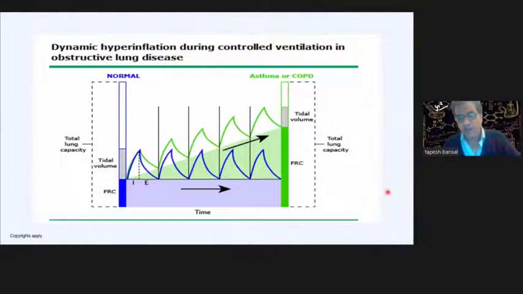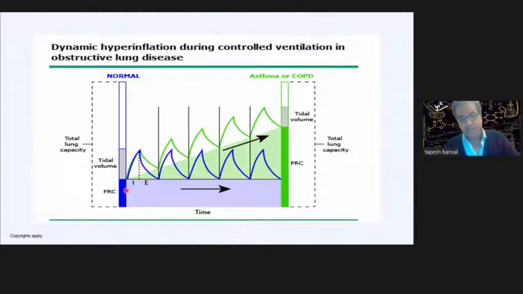Now, this is another classic picture of dynamic hyperinflation, which occurs in COPD or in status asthmaticus. Here you have your normal volume. This is the tidal volume, and this is your FRC. FRC is the amount of volume in the lungs during tidal breathing, which is present after you have exhaled, and this is around 2 liters.